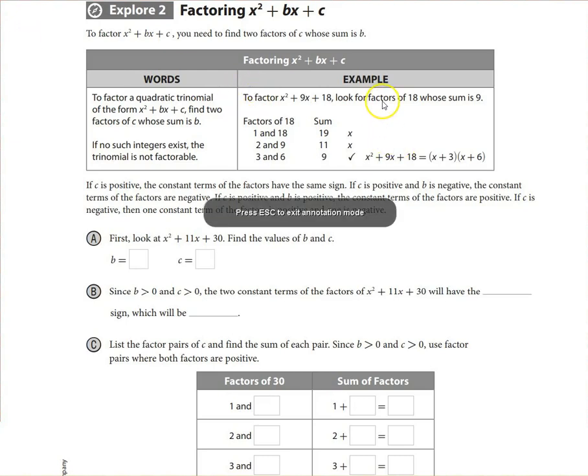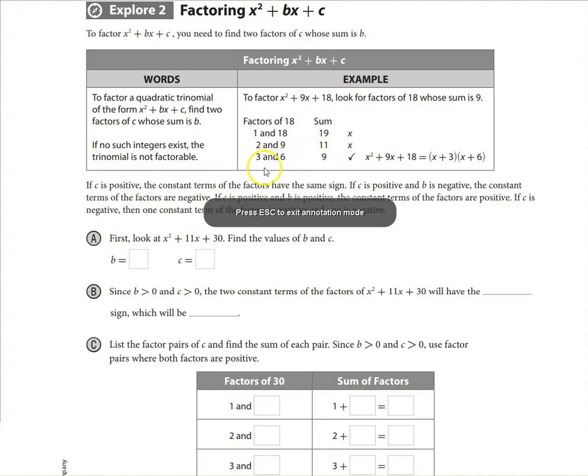What we can look at is two numbers that multiply to 18, because that would mean they're factors of 18. And those same two numbers need to also add to 9. So here are the factors of 18. You got 1 and 18. Well, the sum of those two numbers is 19, so that's not going to work. 2 and 9, once again, they do multiply to 18, but they do not add to 9.